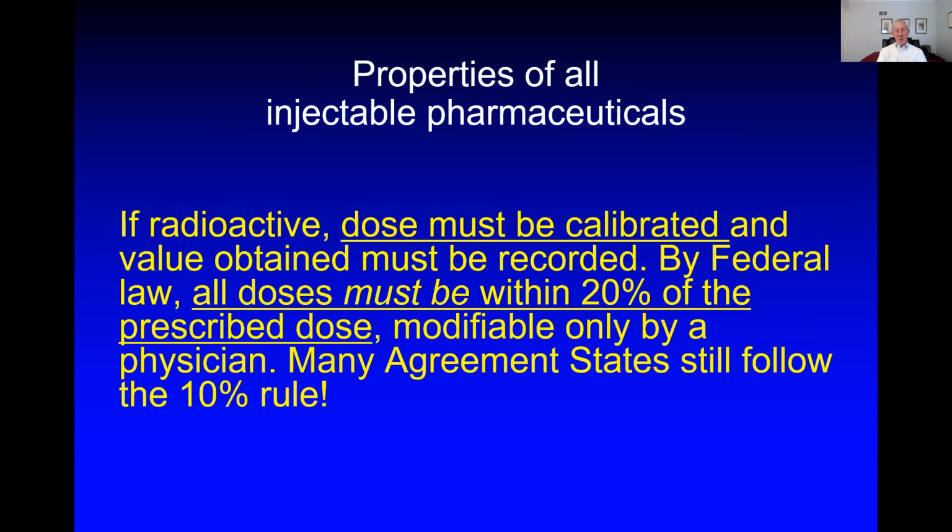Now, Illinois, where we practice, happens to be an agreement state, and probably most of you who are listening practice in an agreement state. The bottom half of the United States, it's all agreement states. And so in an agreement state, you have the right to be more restrictive than in a federally regulated state, like the NRC.